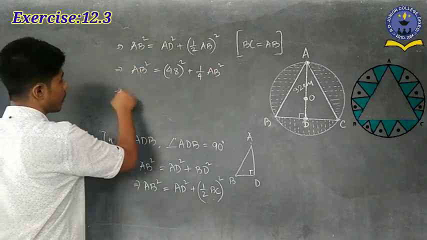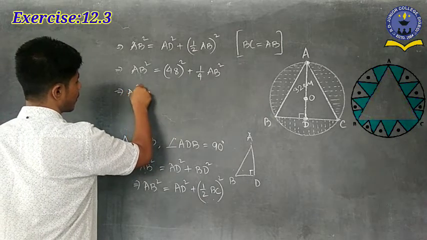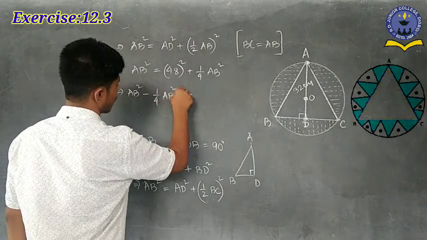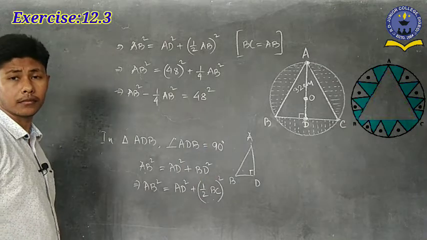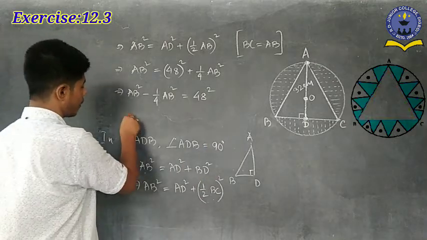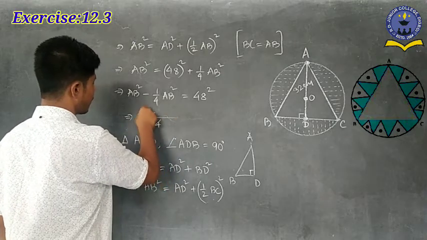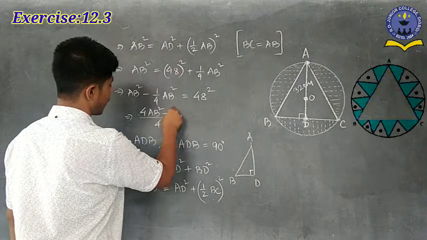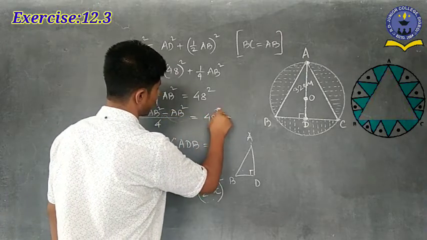And from here if we shift this 1 by 4 AB square here, then we have to write AB square minus 1 by 4 AB square equals to 48 square. Is it clear? And if we take LCM here, this one is 4, and then we get 4 times AB square minus AB square equals to 48 square.